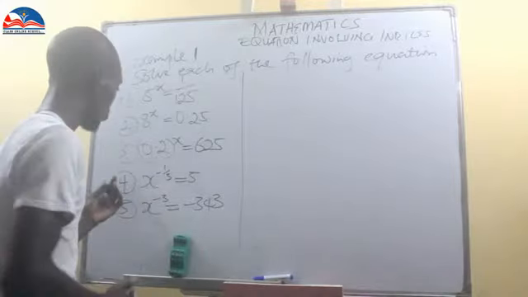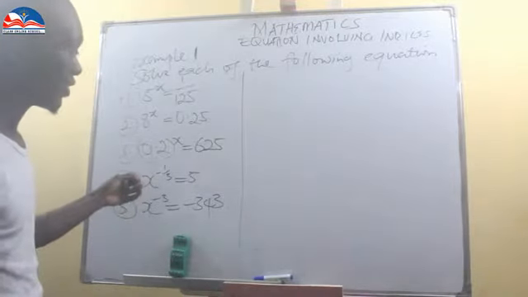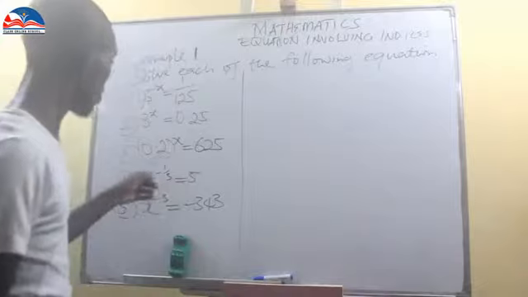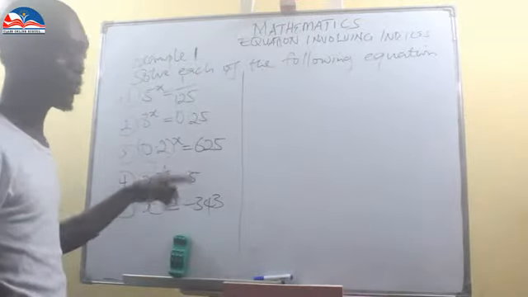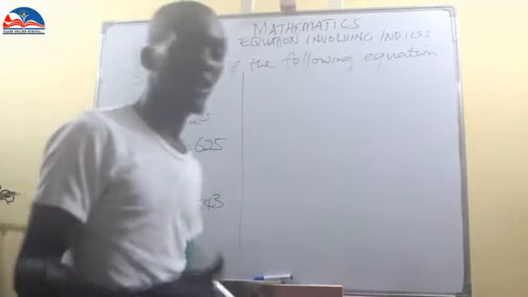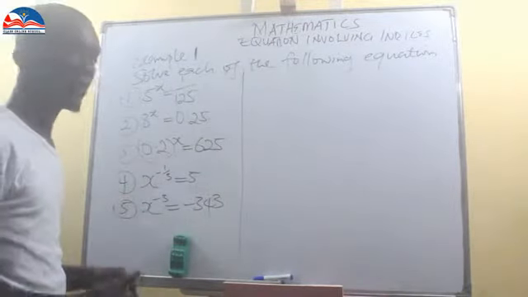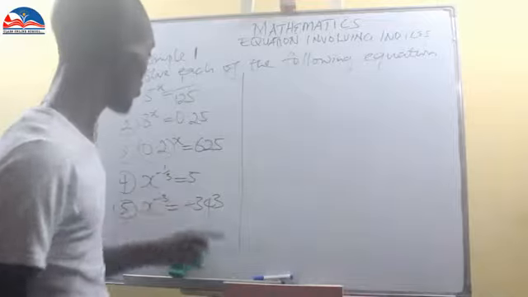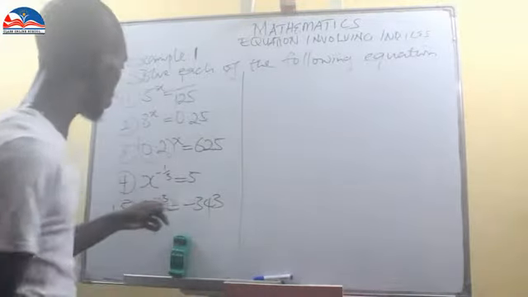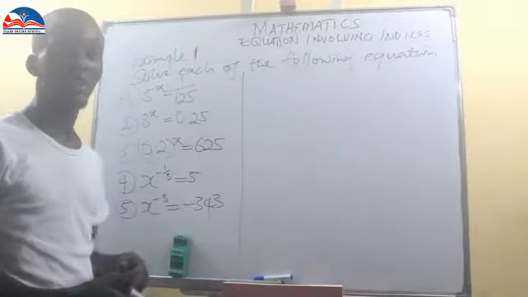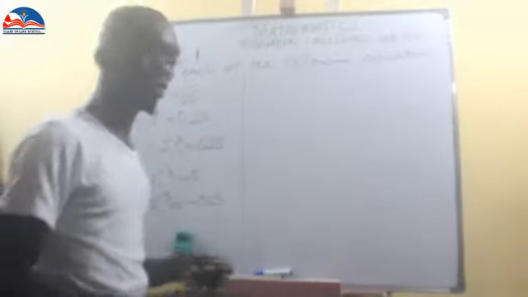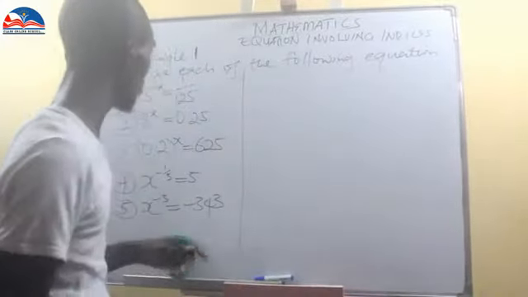Question 4: x index minus 1 over 3 is equal to 5. And question 5: x index minus 3 is equal to minus 343.